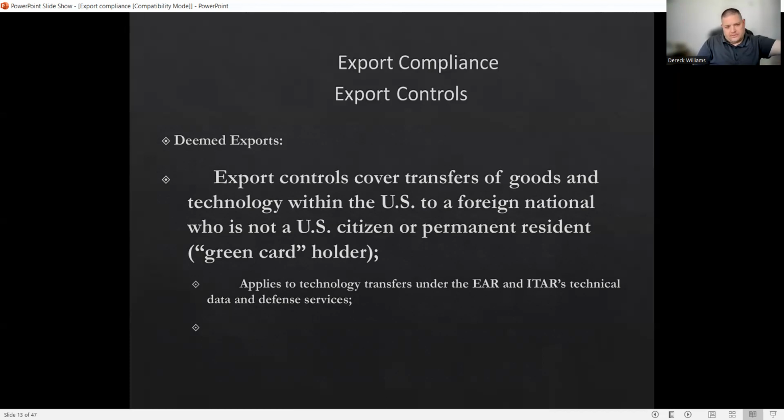That data was then deemed export. It was sent to somebody that it shouldn't have been. Or maybe Bob is Canadian and you just didn't know that, right? And he's making parts for you. Well, you sent him the blueprint so he could give you a quote. That's a deemed export. So who's responsible for that? Well, the company, or the entity who is sending the information, is responsible for the way they handle that information.